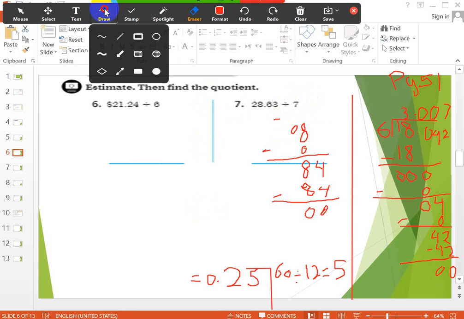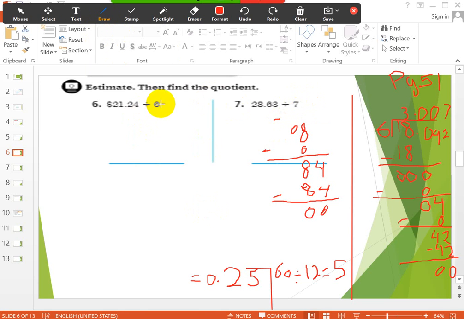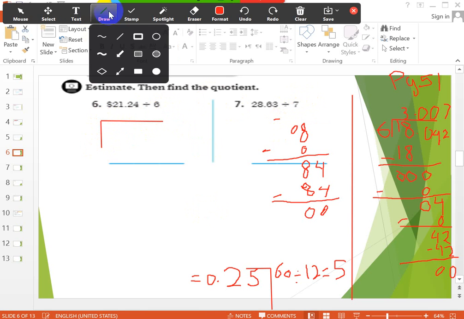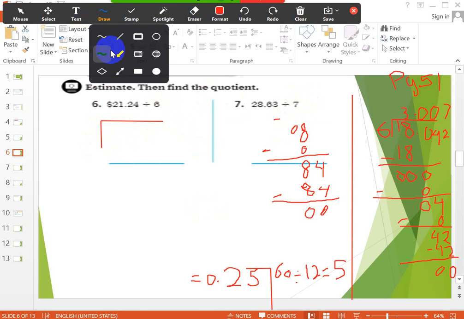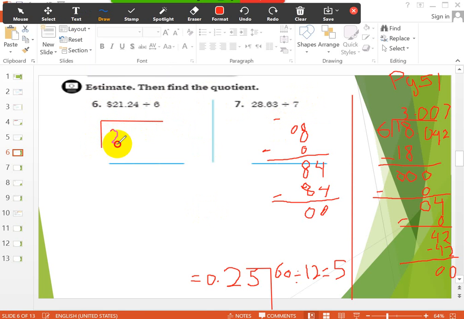Now, .24 divided by 6. Let's round this number to the nearest number that I can divide by 6.